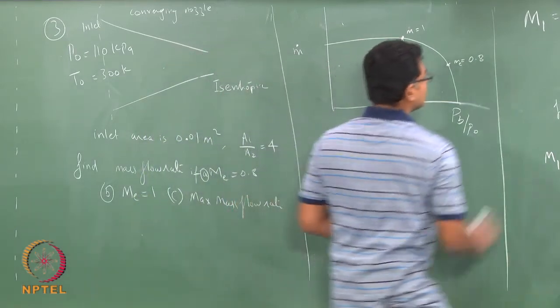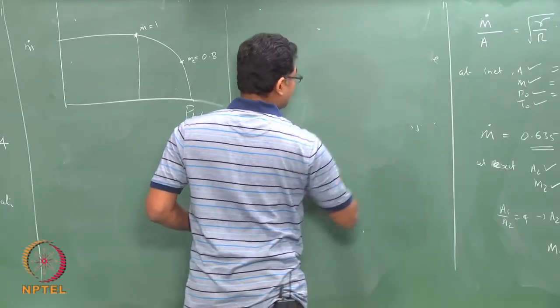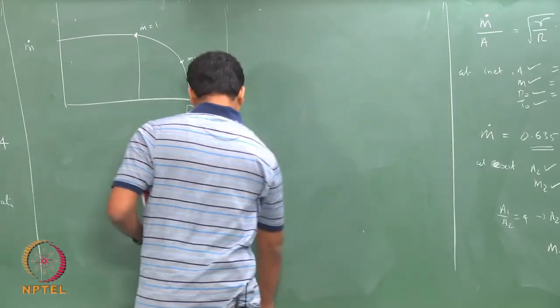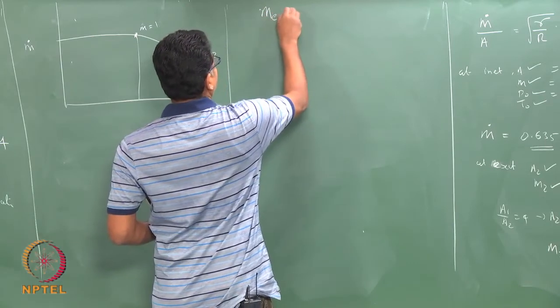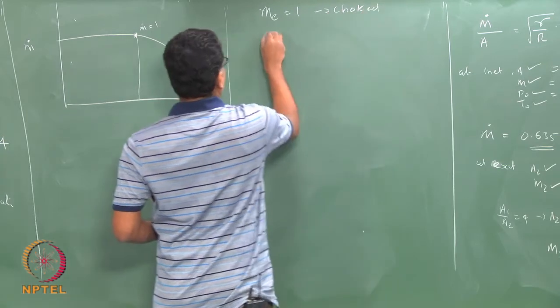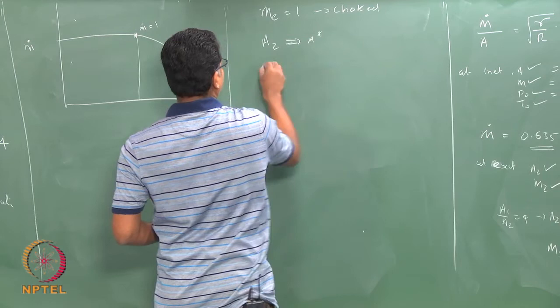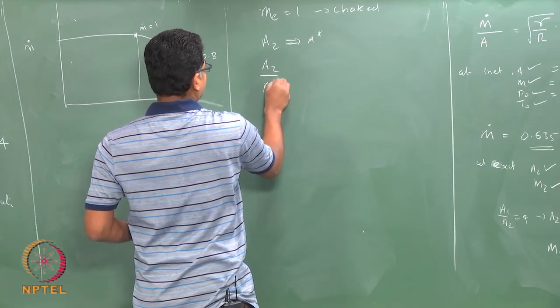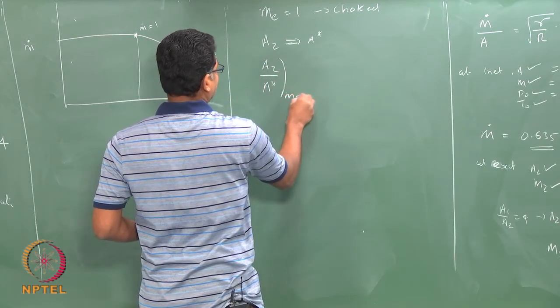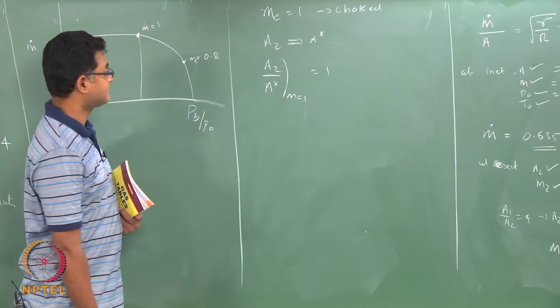So, for that, this is also the choked condition. So, at choked condition, your A2 is now your A star, because A2 by A star for M equals 1 is 1. So, your A2 is also your A star.